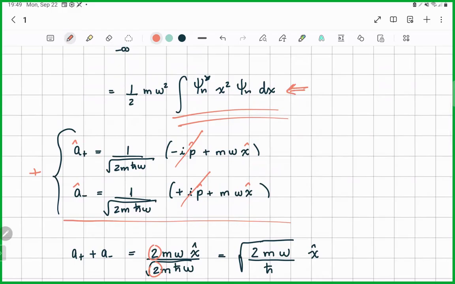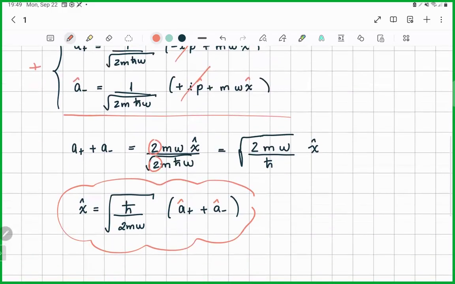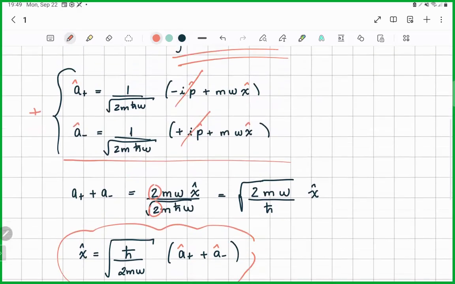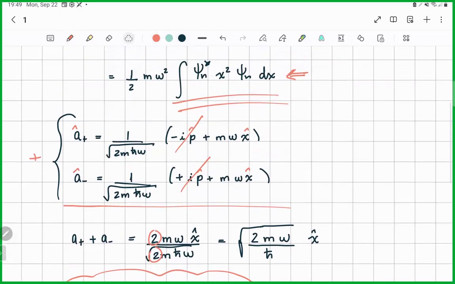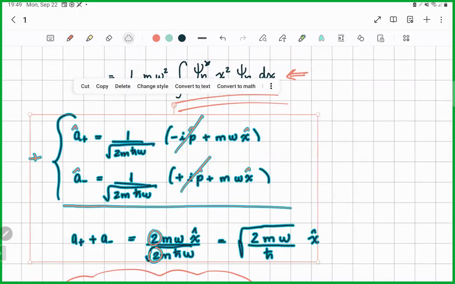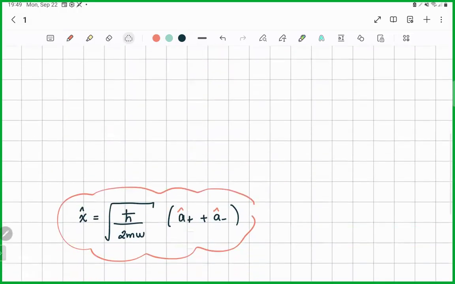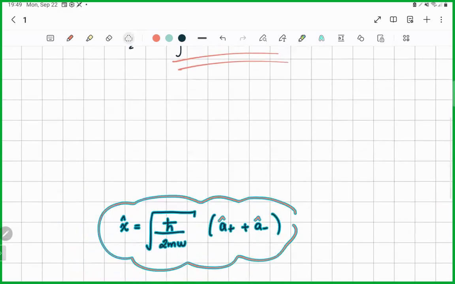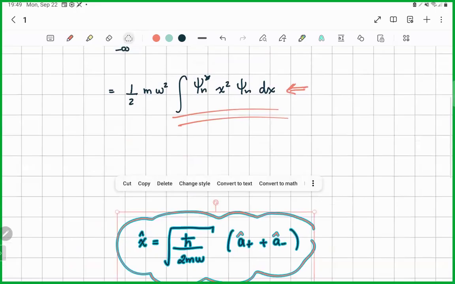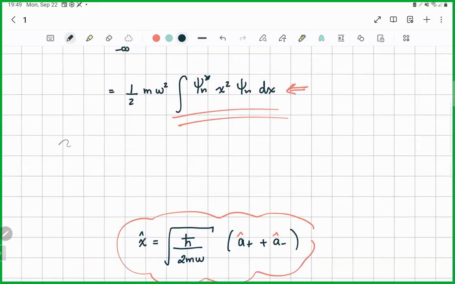So what I'm going to do now, I'm going to bring this up. So let me erase what we have in between so you can better see what we are going to do. So we are going to rewrite the expectation value of the potential energy as, well, that constant that we already had.